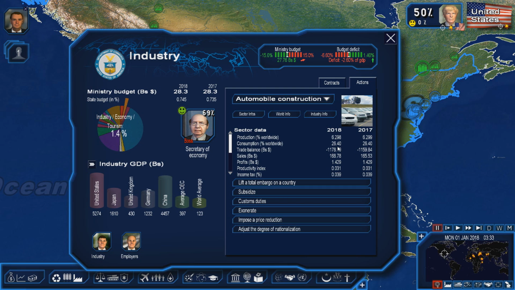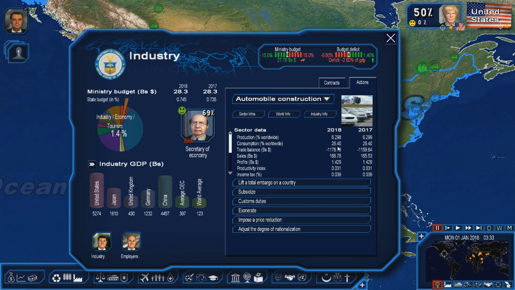If you need an example of this, profits is basically after construction, after tax, after the sale of the vehicle, and then after every single tax that it has to go through. I believe reducing the vehicle registration tax would actually help this. But yeah, we're only making $1.4 billion in profits off of automobile construction.